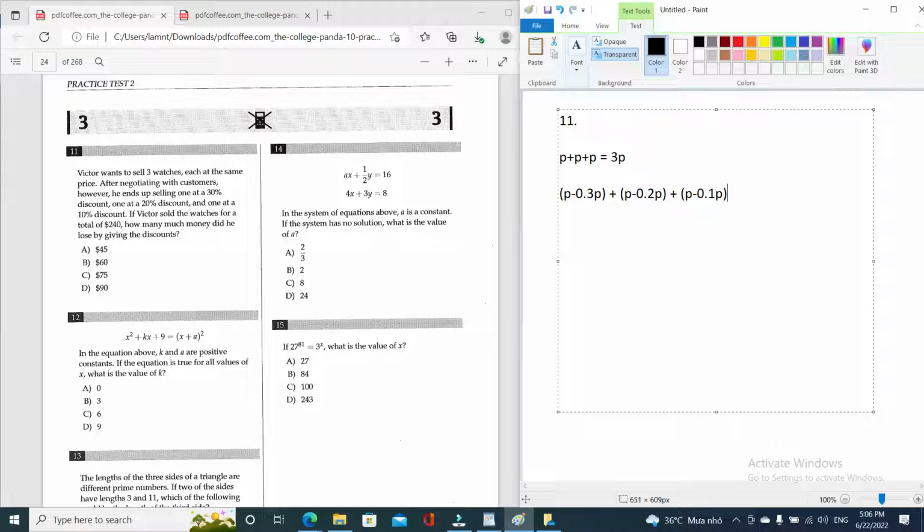Okay, and this is equal to $240. Okay, so they asked how much money did he lose by giving a discount. So now you can see that originally he got $3P, but now he only gets 240 because he made a discount.